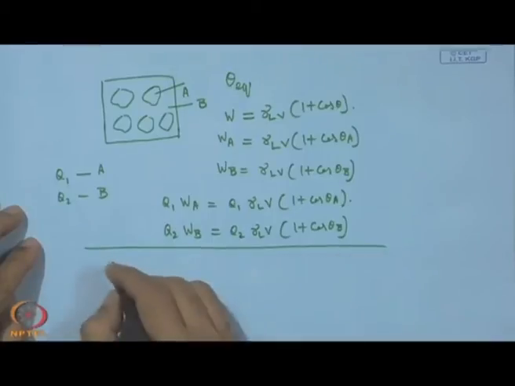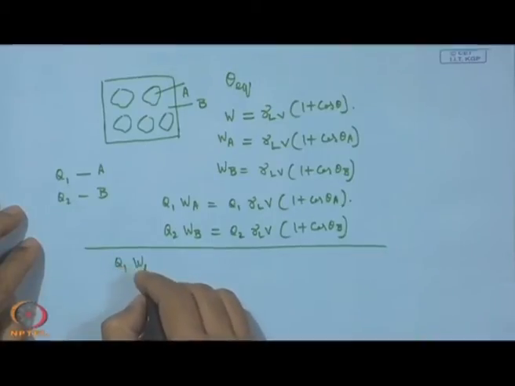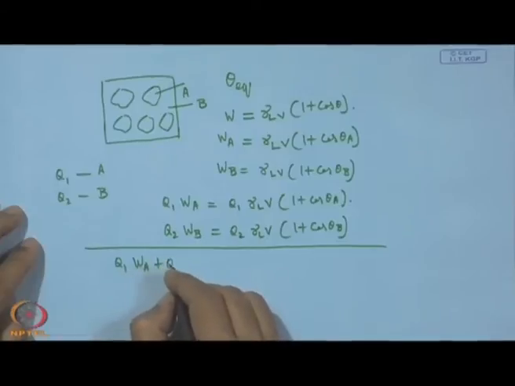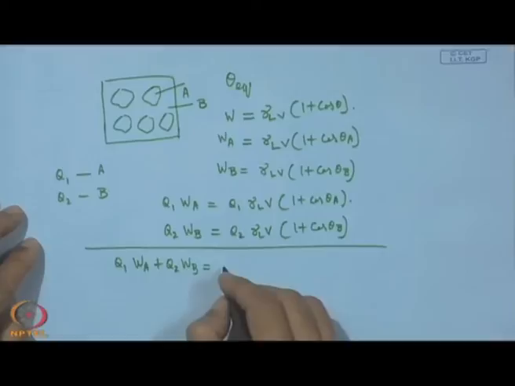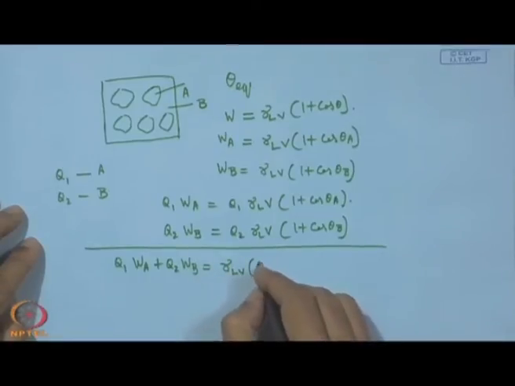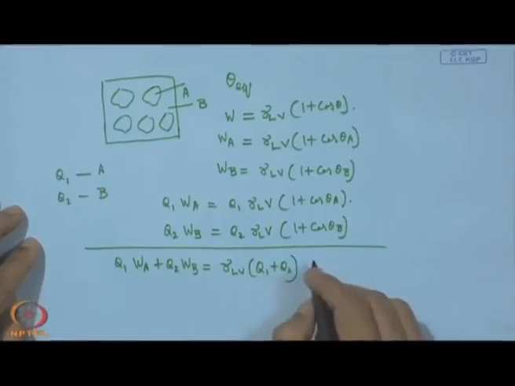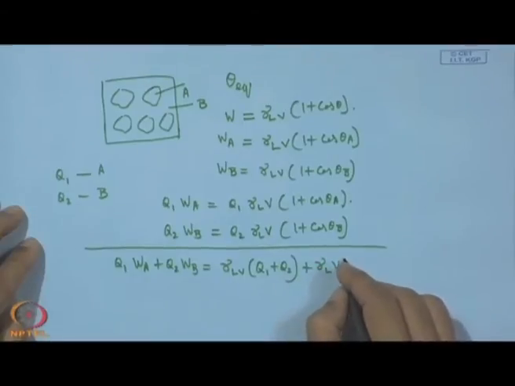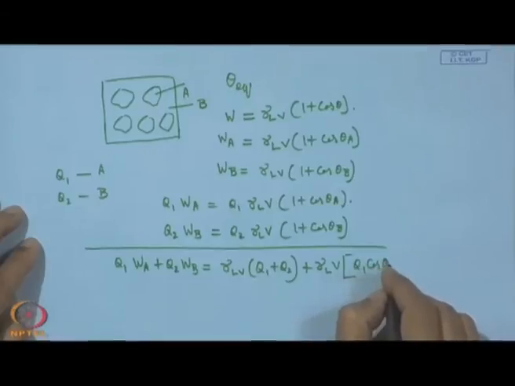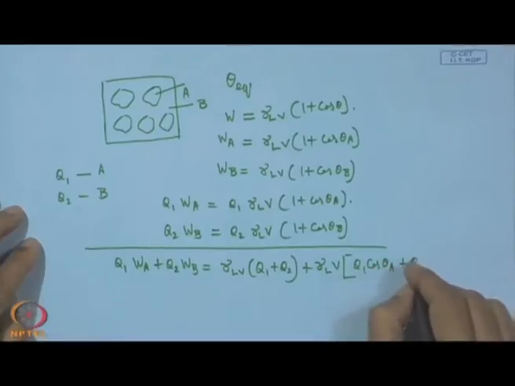If we add, then we get Q1 W A plus Q2 W B is equal to gamma L V, which is the surface tension of the liquid, into Q1 plus Q2, plus gamma L V into Q1 cos theta A plus Q2 cos theta B.